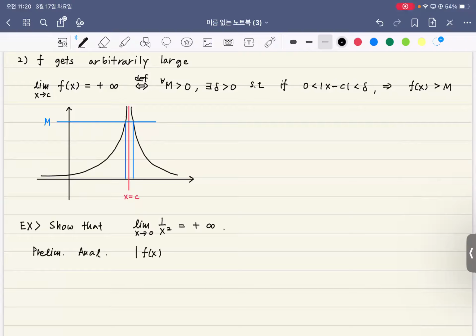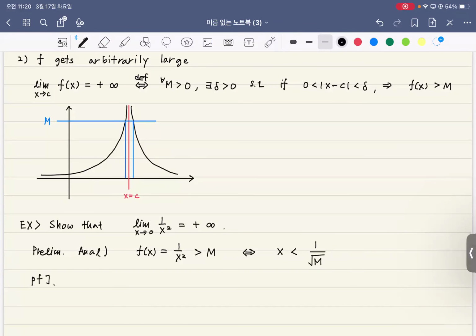Well, of course, f of x is just 1 over x squared. Now I'm looking for the condition under which my function is greater than a positive real number M. And this is the same as x being less than 1 over square root of M, right?